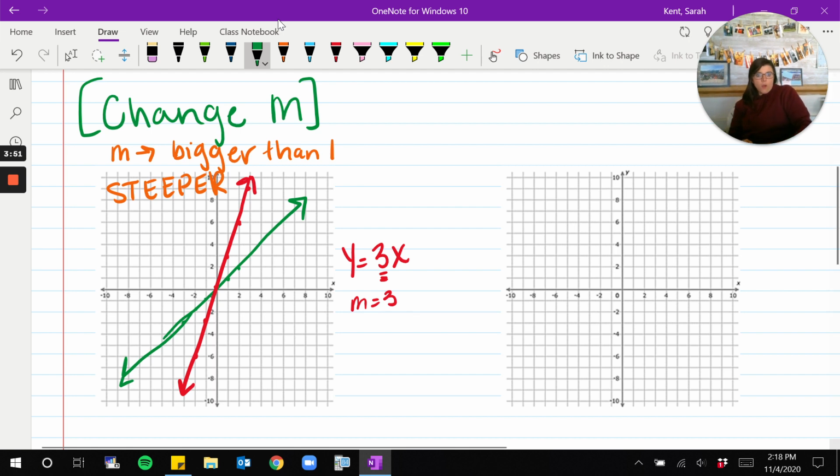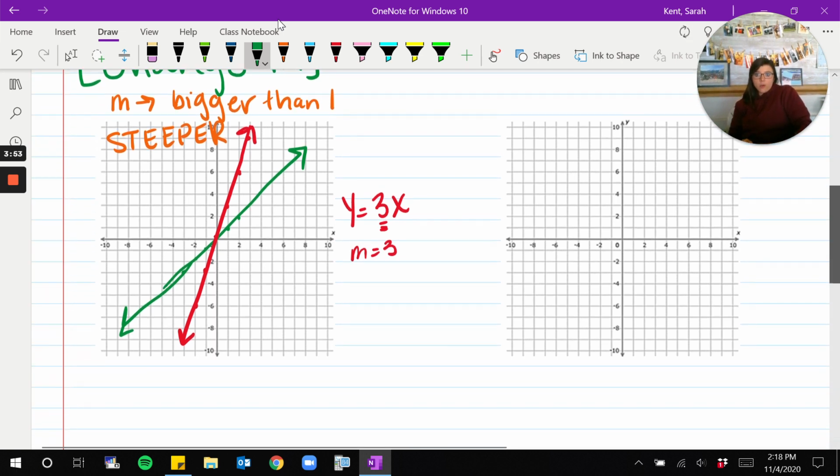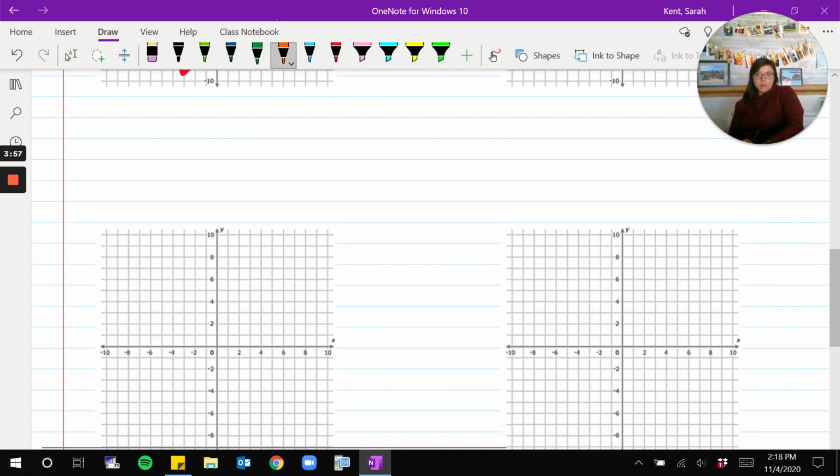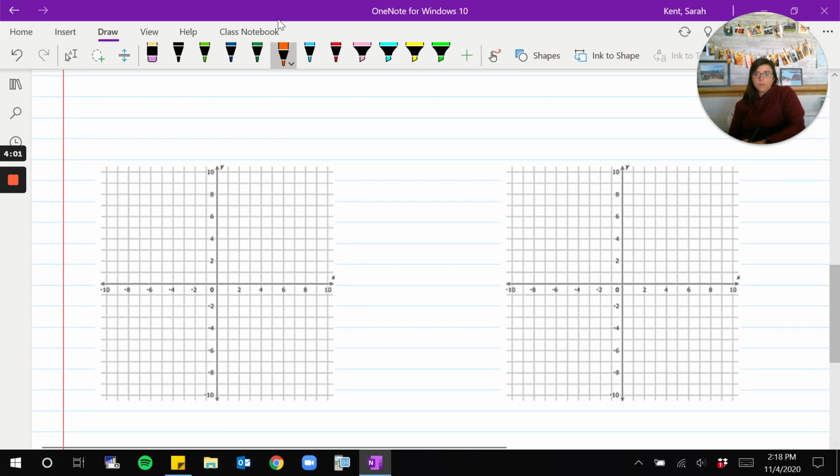But now our slope could also be smaller than 1. So if we get a slope that's between 0 and 1, it's going to be less steep.